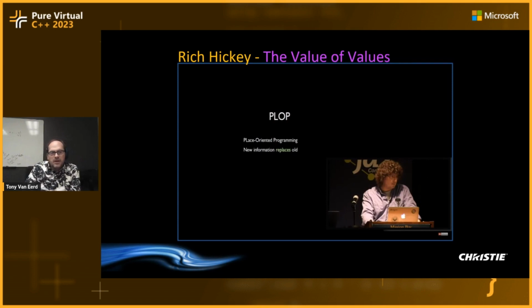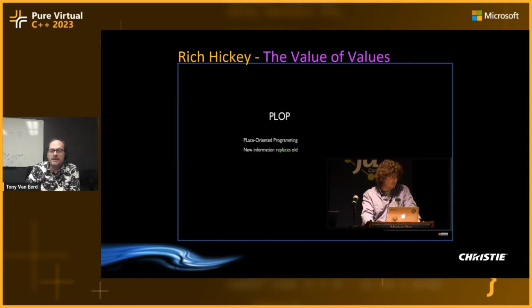There's a good talk by Rich Hickey called The Value of Values. You should watch it. Not right now, but you should go watch it. And he calls it place-oriented programming, PLOP, because the identity in object-oriented programming is the address, right? The reference, the pointer, the address of the object. And it's like, we're talking about the dragon at this memory address, right?